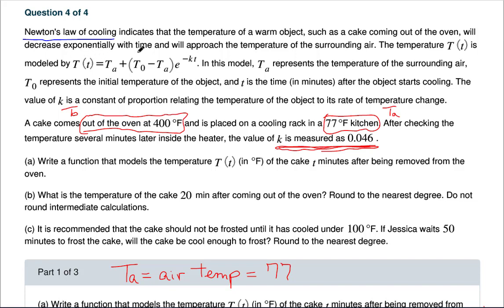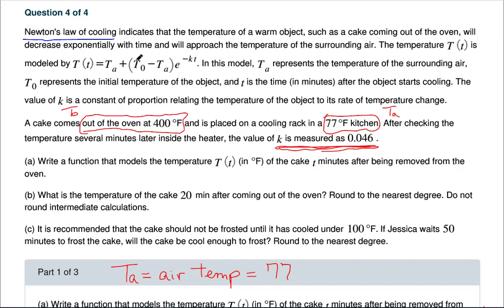So this formula actually tells me the temperature of the object at a particular time. Now, let's see. What is this TA business? The TA business is the temperature of the room. So, if you put it in a freezer, it would cool off faster. If you leave it sitting on the counter, well, that's the temperature in the kitchen.